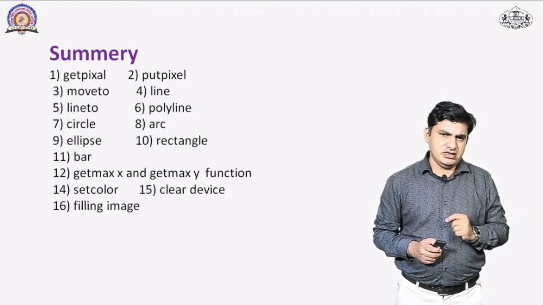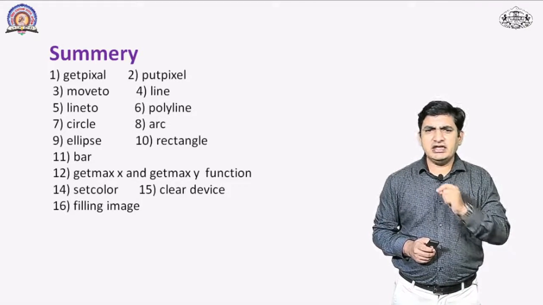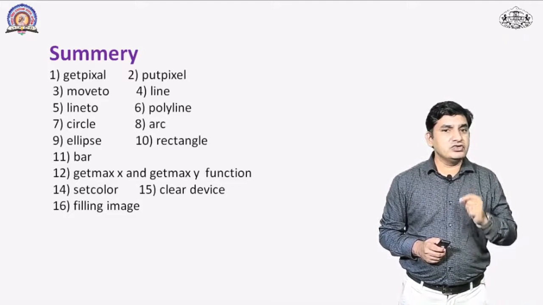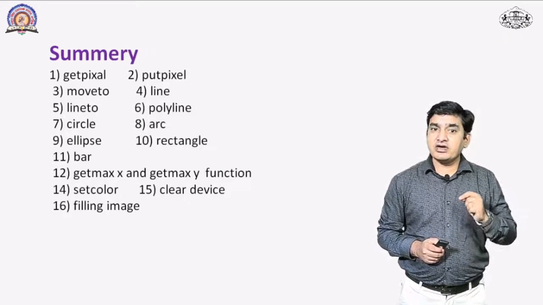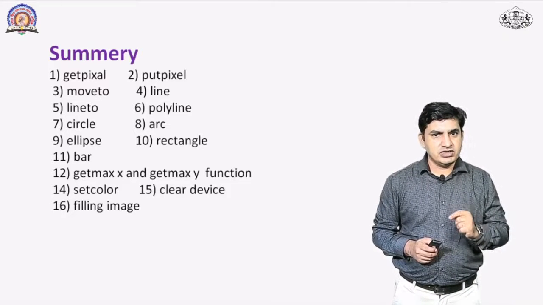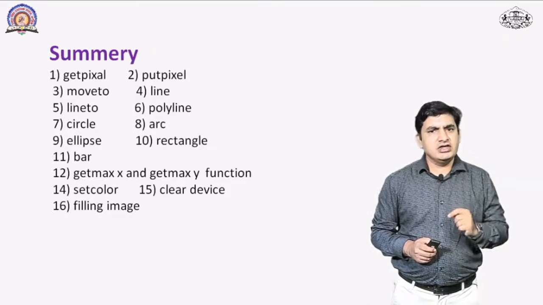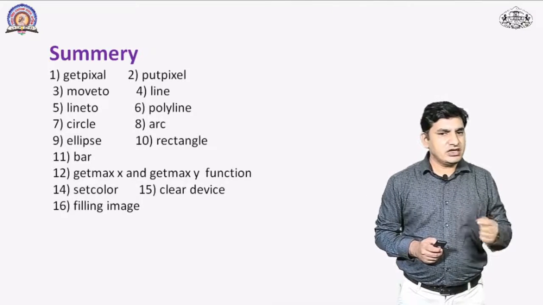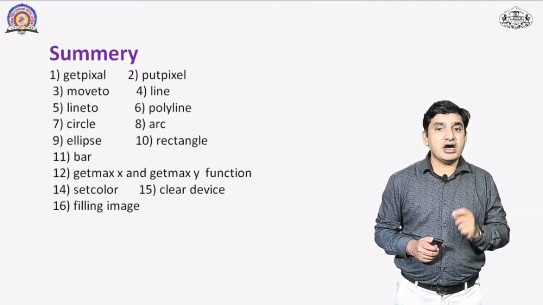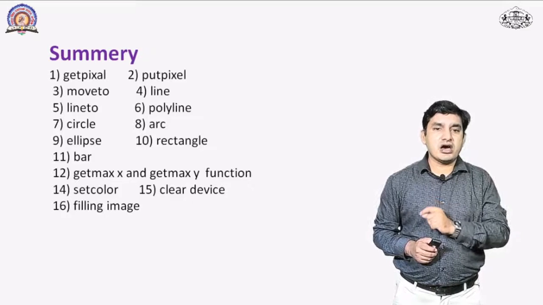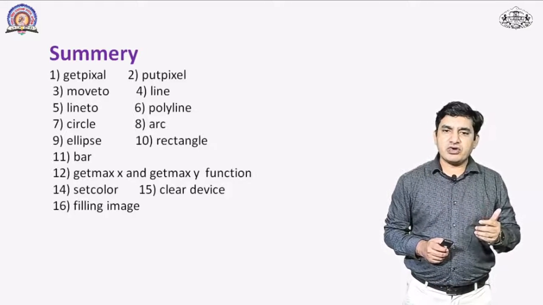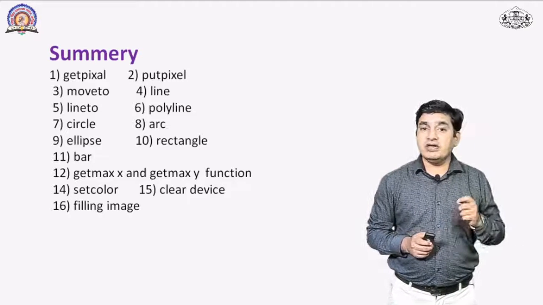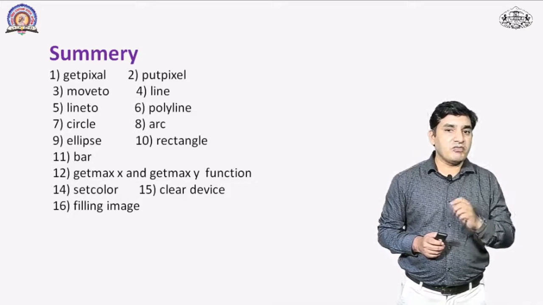Then line, which is used to draw a line. Then lineto is used to draw a line from the current location to the specified location. Then the polyline is used to draw a number of lines. Circle is used to draw a circle. Arc is used to draw an arc. Ellipse is used to draw an ellipse. Rectangle is used to draw a rectangle, while bar is used to draw a bar.